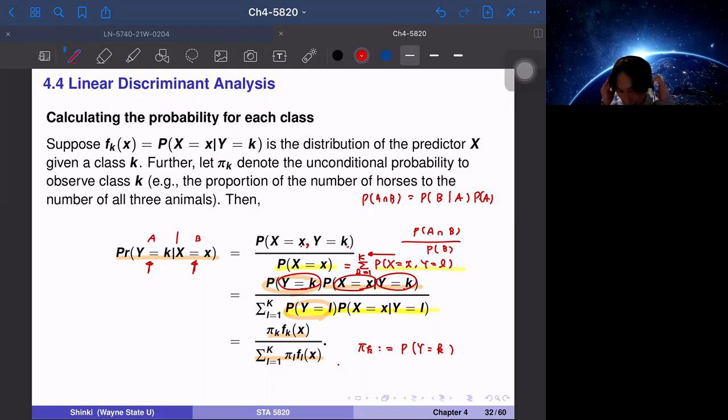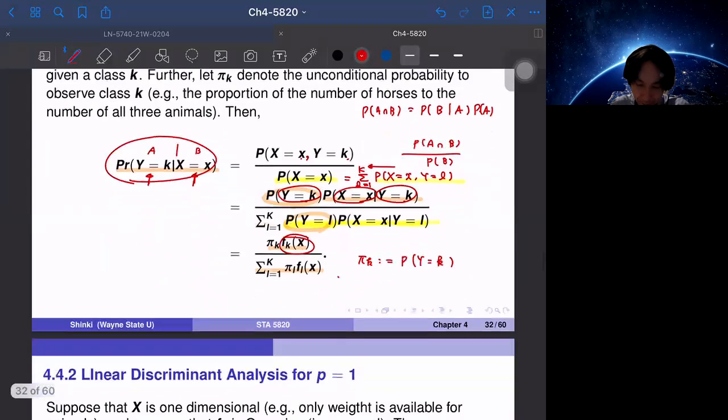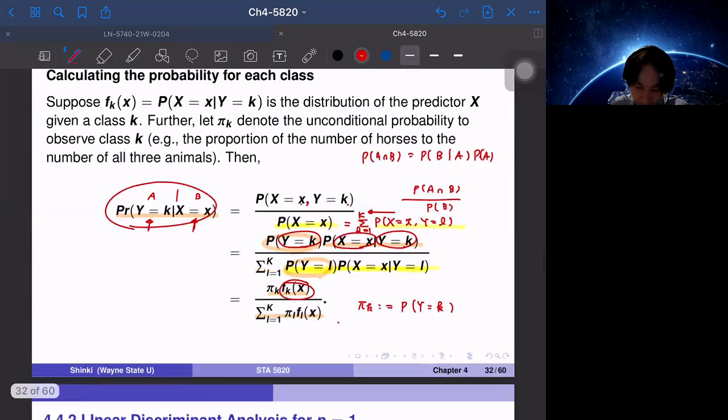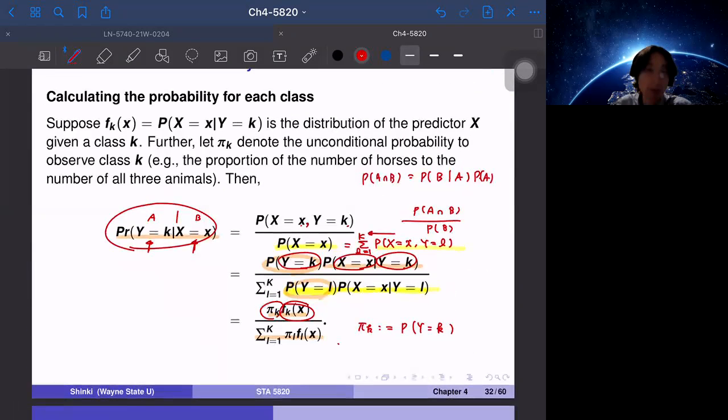So now we have a way to calculate Y given X from X given Y. We can flip the relationship between X and Y by this equation. This pi k matters for the probability.